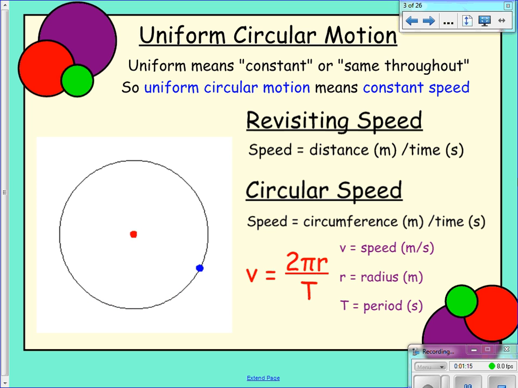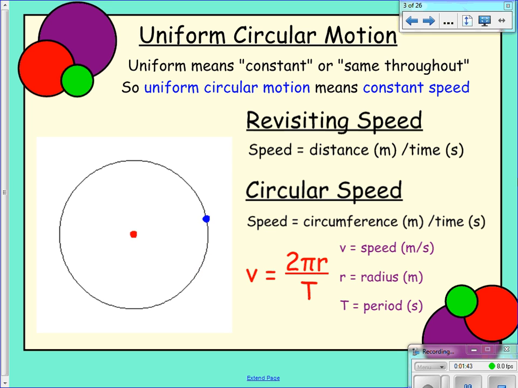When we talk about speed, speed is a scalar quantity, and speed is found by taking the distance something goes over time. And remember, distance is ground traveled. So, for example, if I went 10 meters north and then 10 meters east, I would have gone a distance of 20 meters, never mind the fact that I went north first and then east. Now, when we're looking at something moving in a circular motion, the same thing applies.